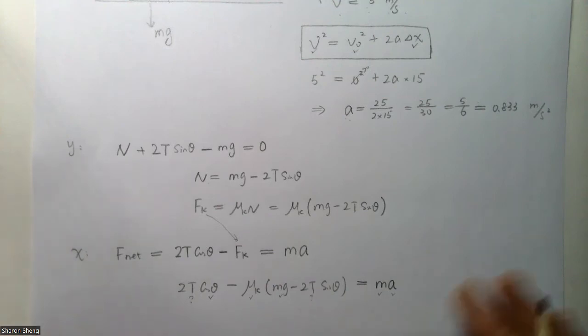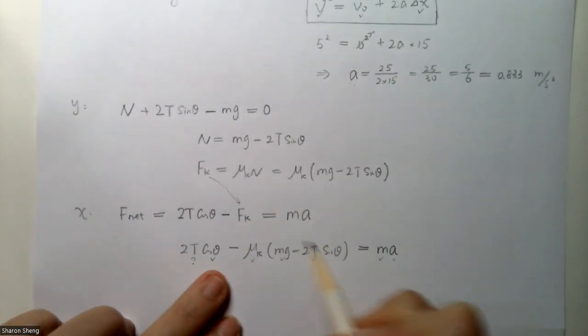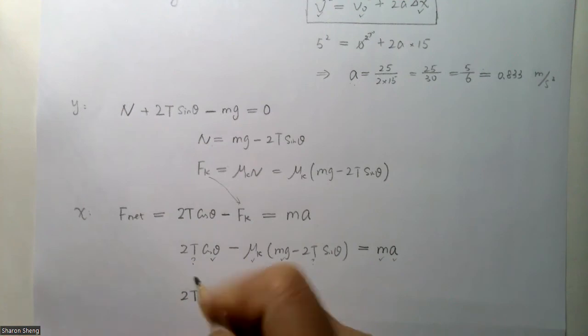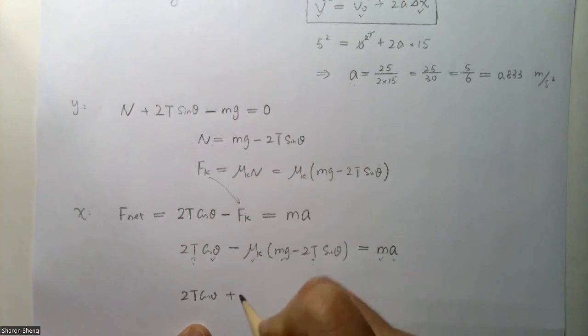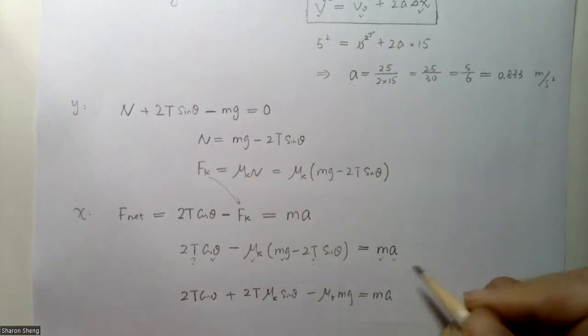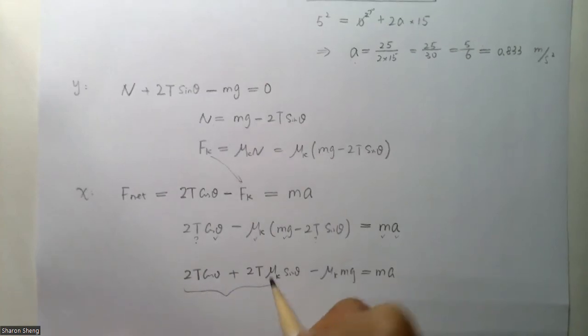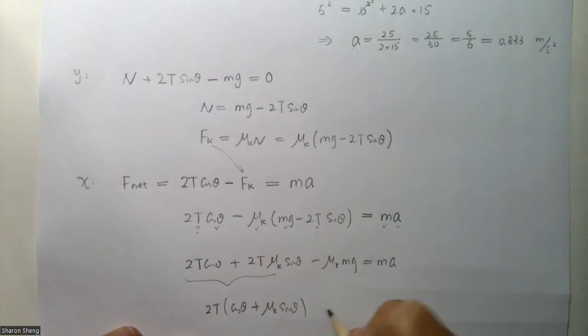So before I plug a number in, I simplify the expression here. I get T out. So the quick math here: 2T cosine theta plus 2T mu sub k sine theta, and minus mu k mg equals ma. Those two terms have T and you get T out. So that's 2T times (cosine theta plus mu k times sine theta) equals what?